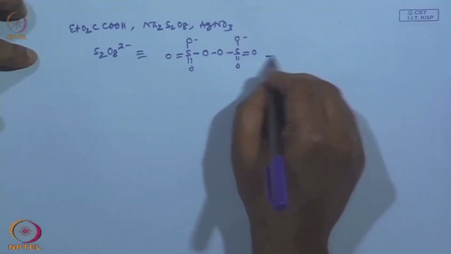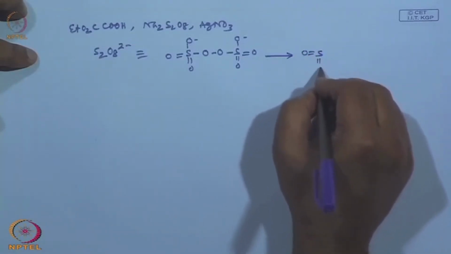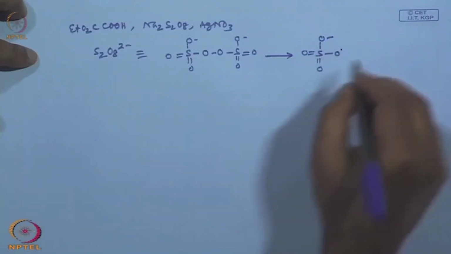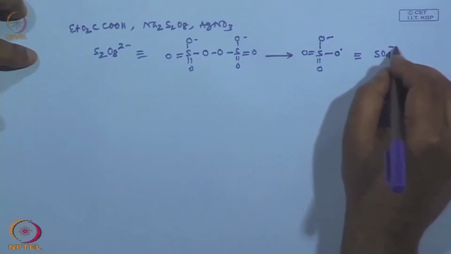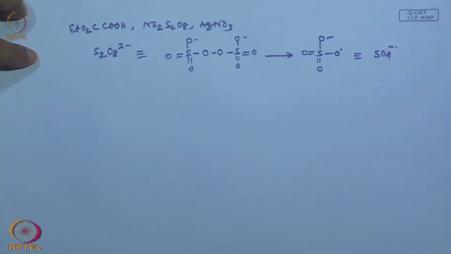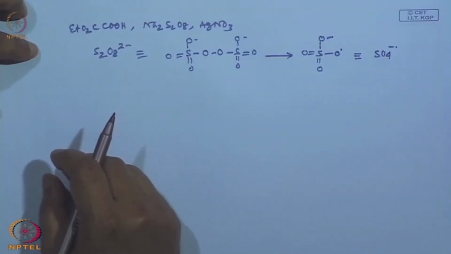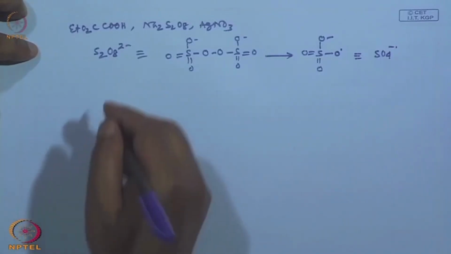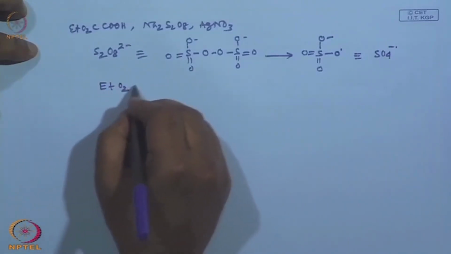And then all of us can guess what happens. It breaks down to sulfate minus oxygen, and this is equivalent to the sulfate radical anion. Okay. So, this radical anion actually picks up one more electron to become sulfate. From where? Actually, simultaneously from the glyoxylic acid.